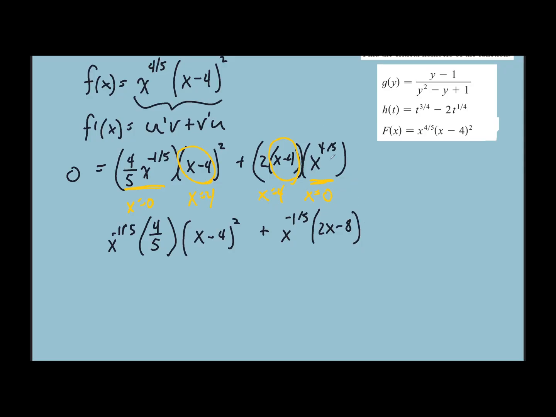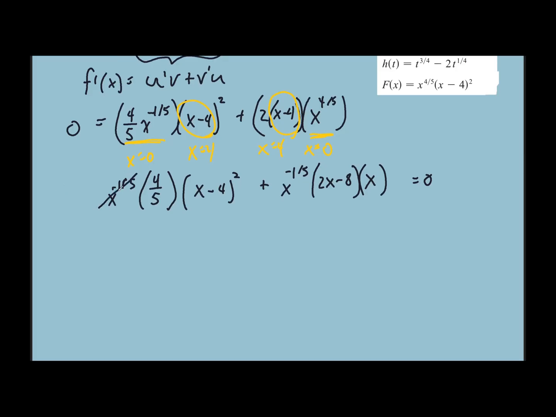And then a negative 1/5 being taken out of this makes it a regular x. So again, the x equals 0 thing is still true there. So what do we have now if we set this to 0? Let's divide this out, and it's just gone. So we get 4/5 (x squared minus 8x plus 16) plus 2x squared minus 8x equals 0.